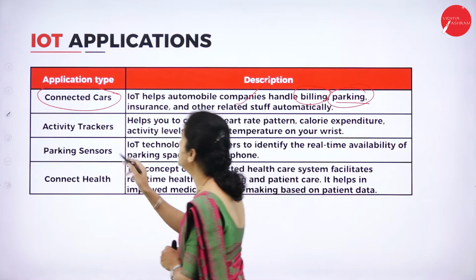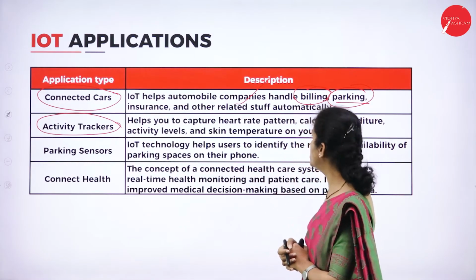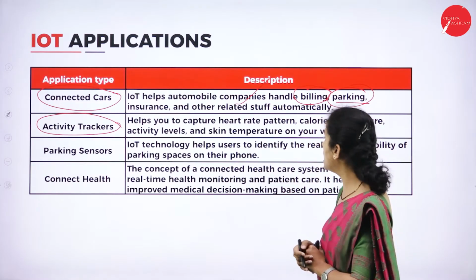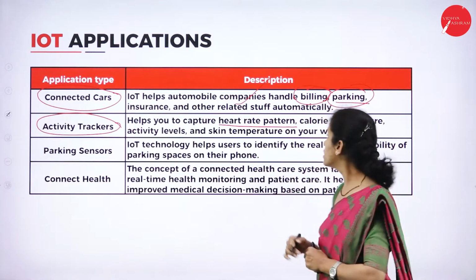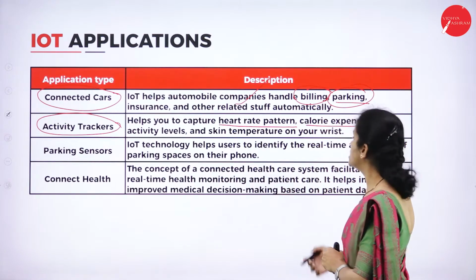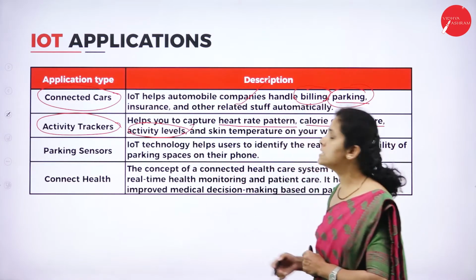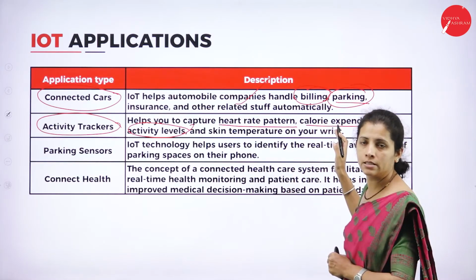Then activity tracker. That means with the help of IoT, you can track activities like heart rate pattern, calorie expenditure, activity level as well as skin temperature on your wrist.